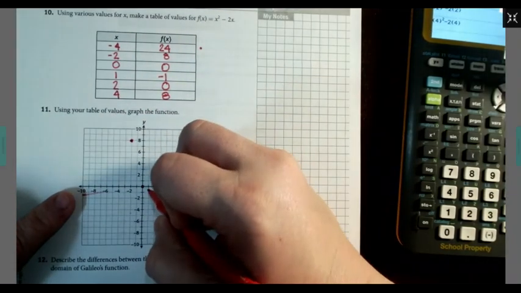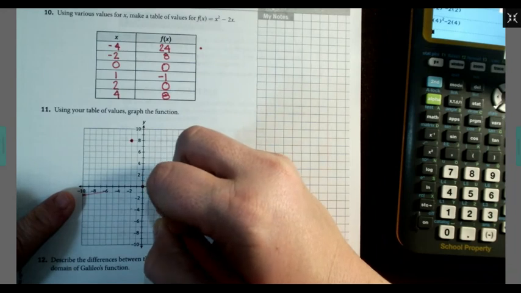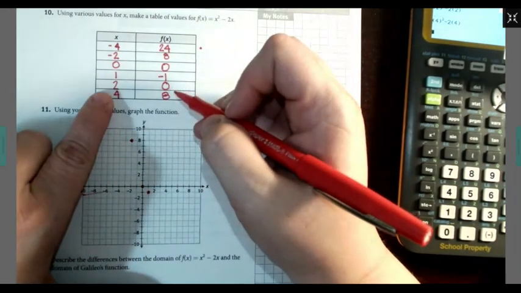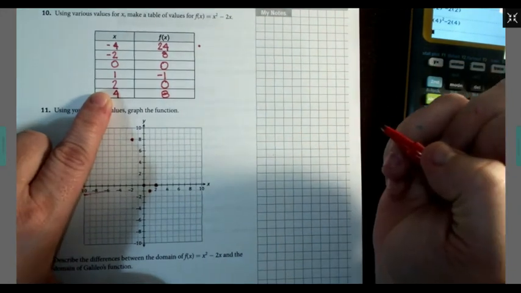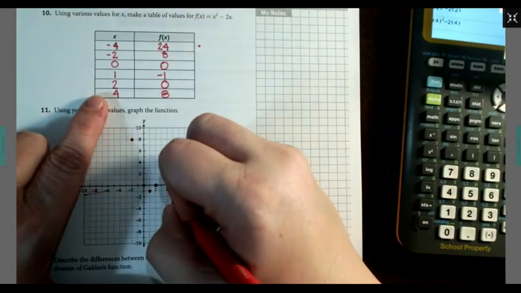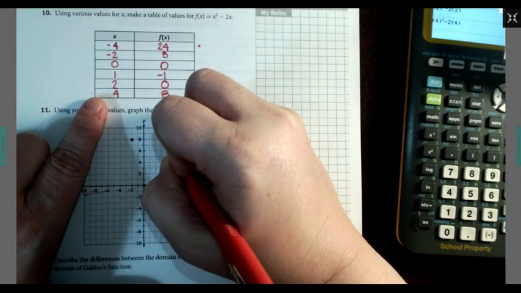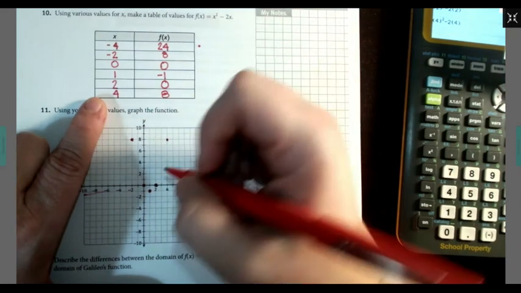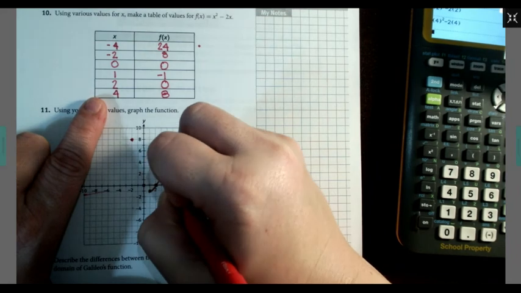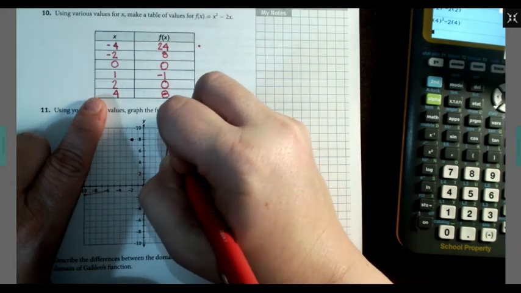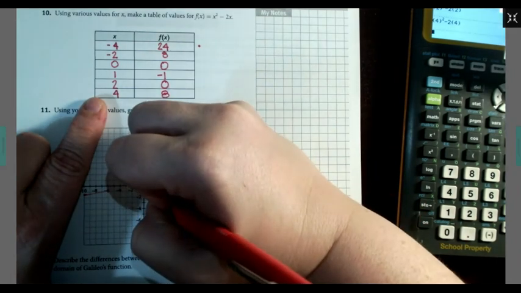1, -1 is right here. 2, 0 is located right there. And then we've got 4, 8, like so. So it looks like we've got this curve, something like this.